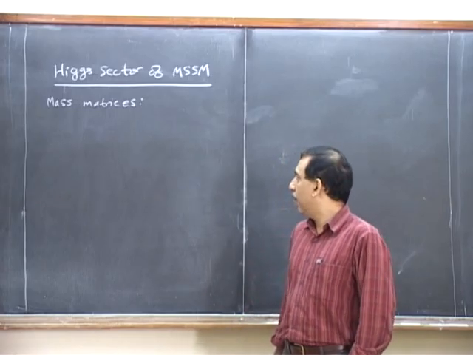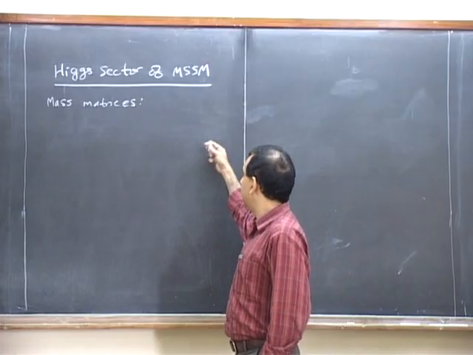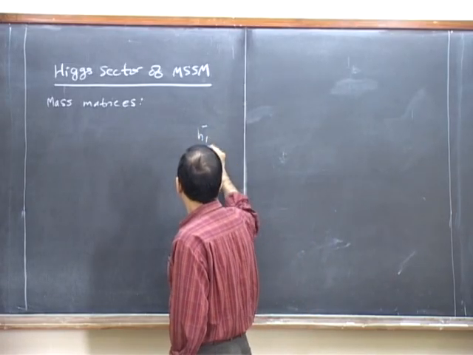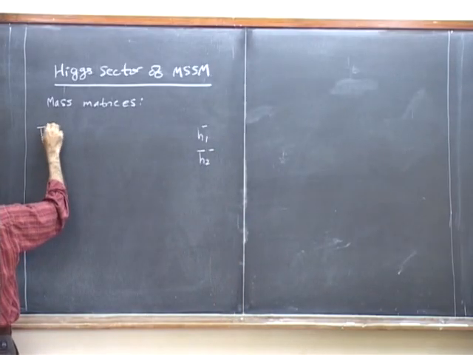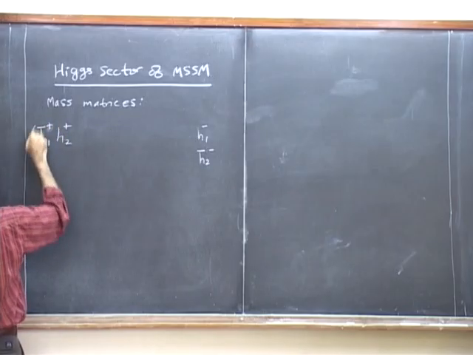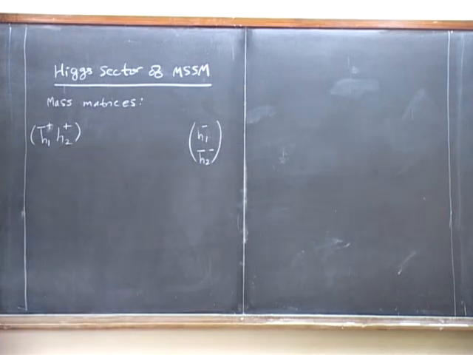Okay, so the mass matrix will be a 2 by 2 matrix in the basis H1 minus and H2 bar minus, and then here H1 bar plus and H2 plus. Because H2 occurs naturally as plus and H1 occurs naturally as minus.